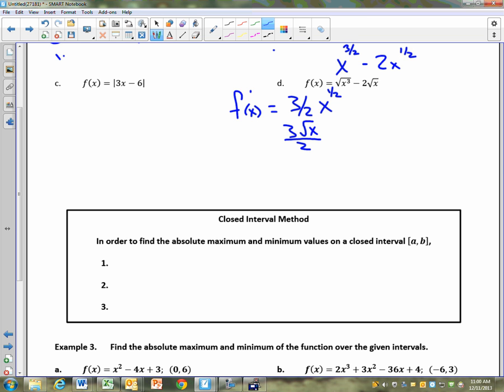Yep, negative x to the negative 1/2, agreed? When you drop down the 1/2, it stays minus 2. Okay? Look, what value can you not plug in for x here? 0. So you know already you have a critical point at x equals 0.